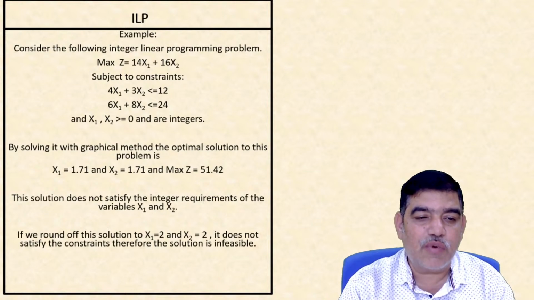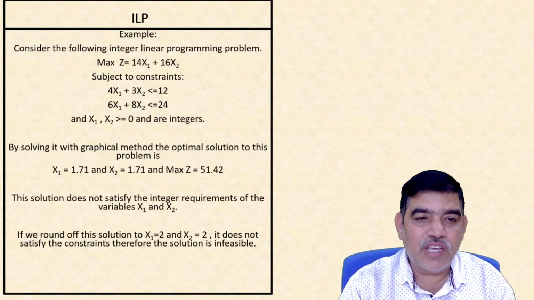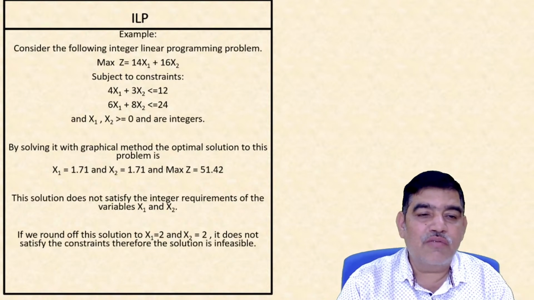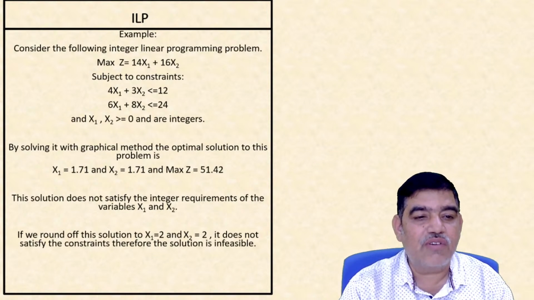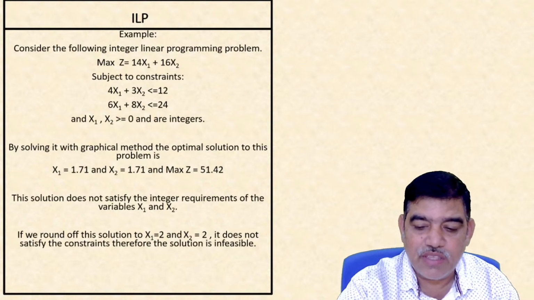By taking the corner points and putting those values in our objective function, z equal to 14x1 plus 16x2, where z is maximized, we get x1 equal to 1.71 and x2 equal to 1.71 and max z equal to 51.42. That is the optimal solution by using the graphical method.